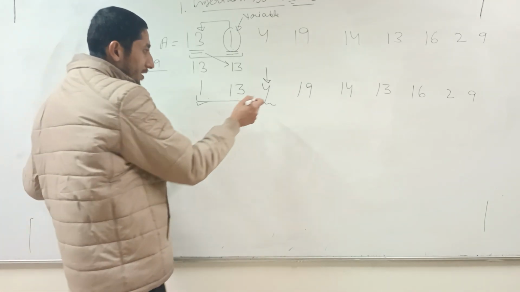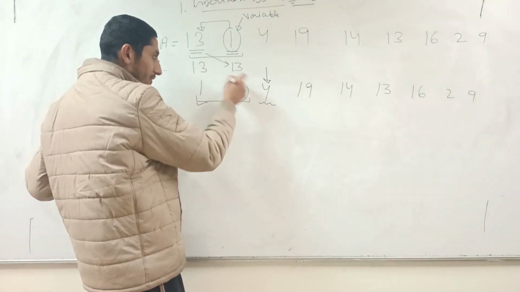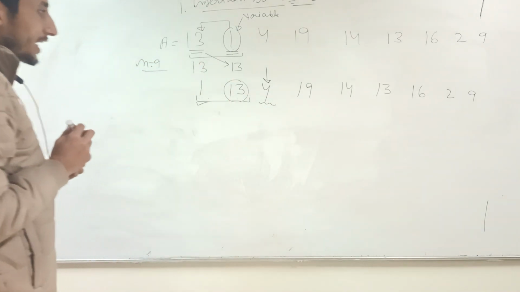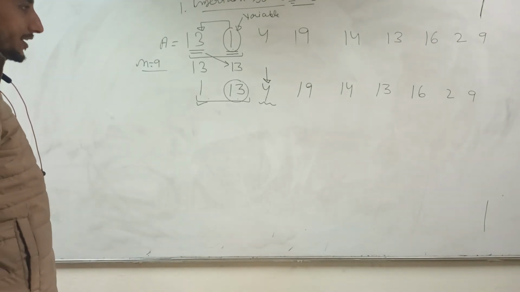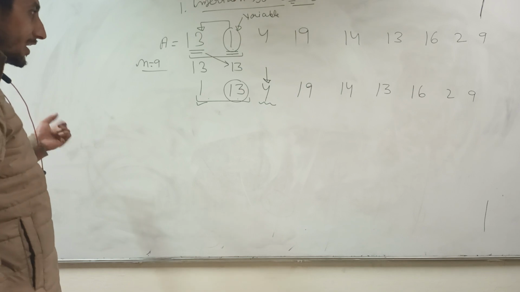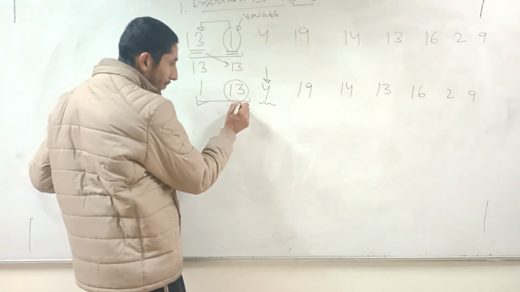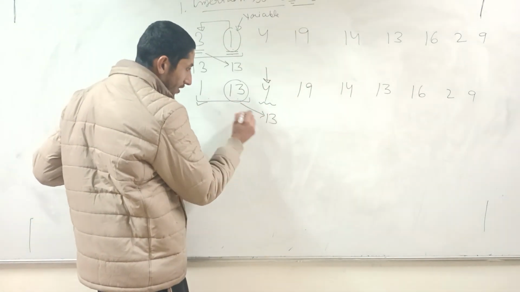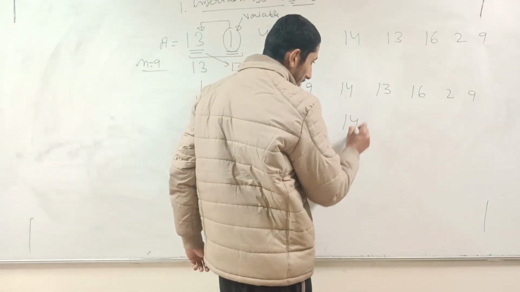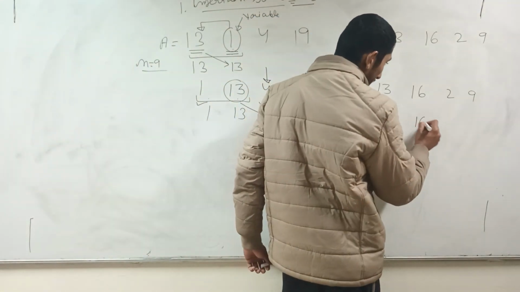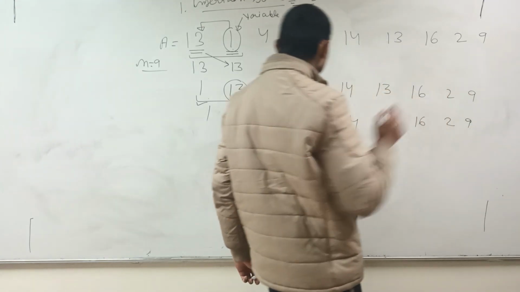So what is going to happen? First of all, I will compare 4 with 13. The moment I realize that 13 is greater and 4 is smaller, it means 4 should come at the left. So I will copy 13 here like this, and the whole array will remain as it is. Are you getting it?